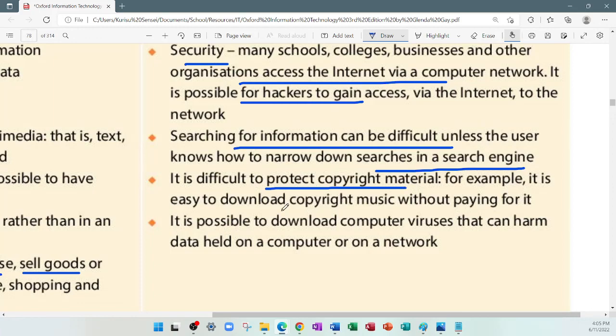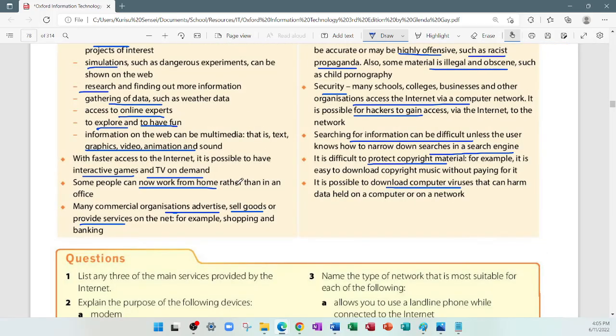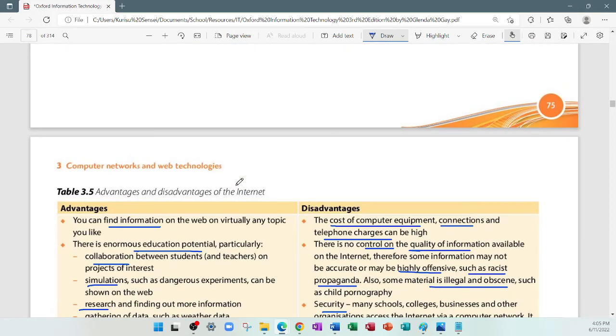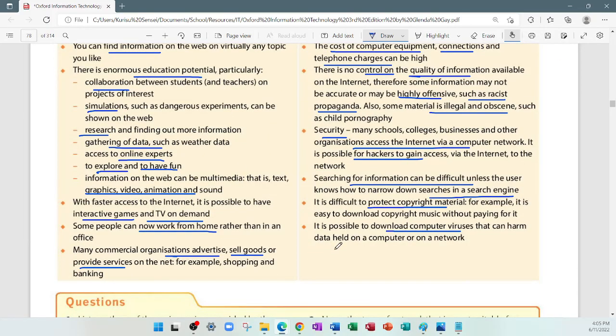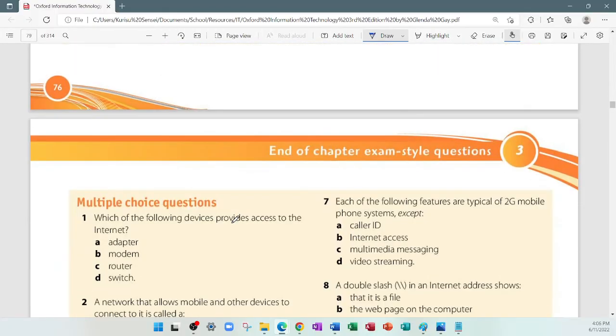So it's not because it's on the internet you're free to use it. Some media you actually have to get permission before you can use it. And it is possible to download a virus because, once again, you're not in control of what is on the internet. Anything could be there, and so you can be infected by a virus there.